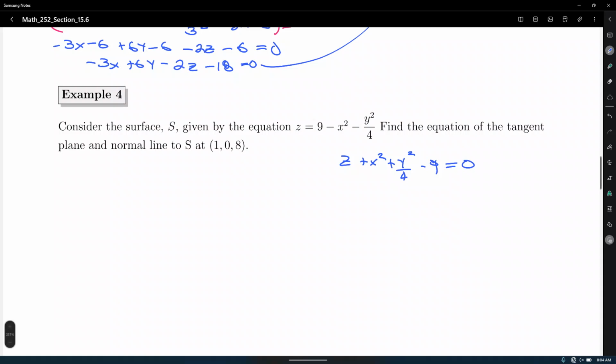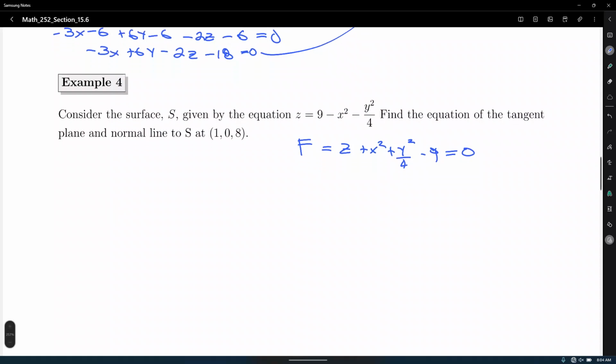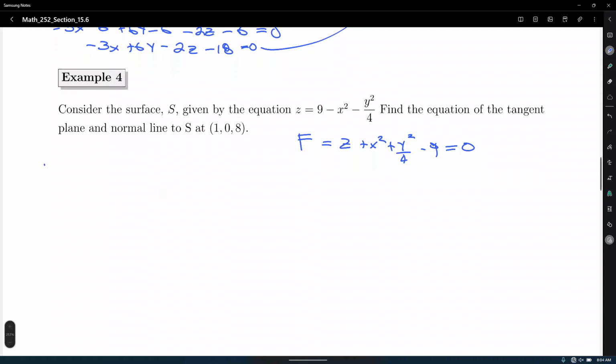But again, our implicit function is written as a big F, which is equal to 0. So if F equals 0, then F also equals this implicit function, and let's use this for the gradient. Okay, let's find the gradient, nabla F. That is the partials with respect to x, y, and z respectively.